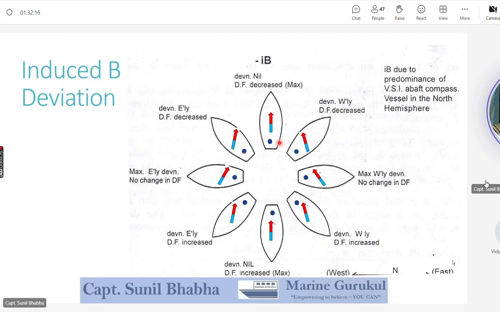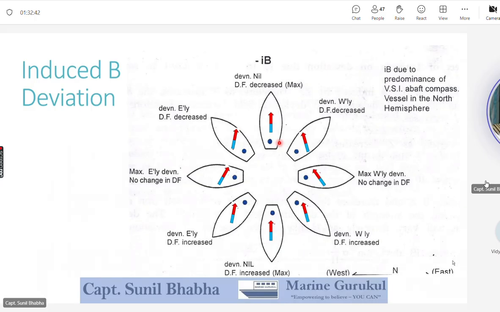As we just now discussed, out of all the vertical soft iron structures, the funnel has the largest structure, the maximum amount of steel used as compared to the mast or the crane. Also, the funnel has the biggest size among all the vertical soft iron structures on board.